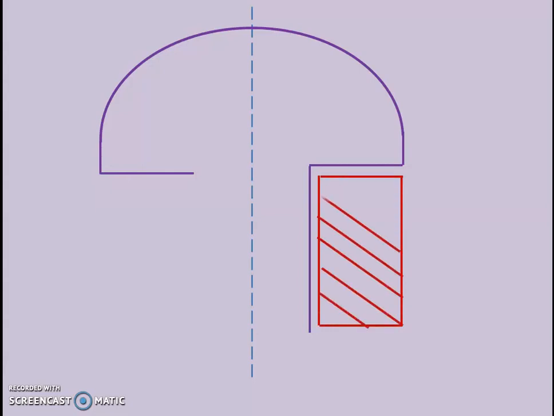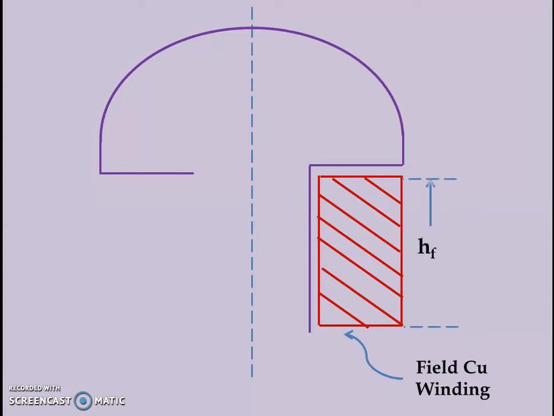At this stage we have calculated the number of turns, and the space available is known.